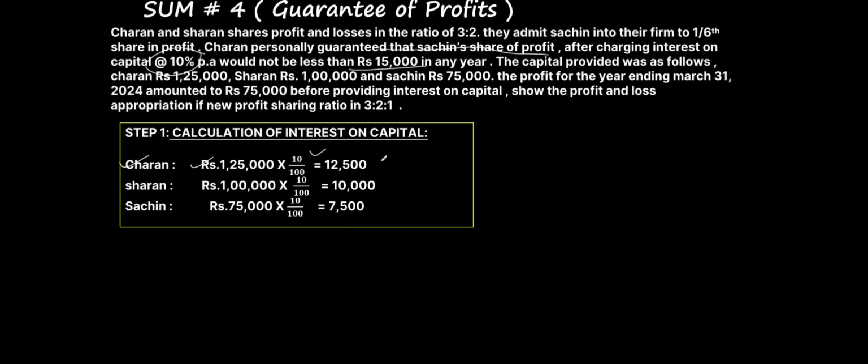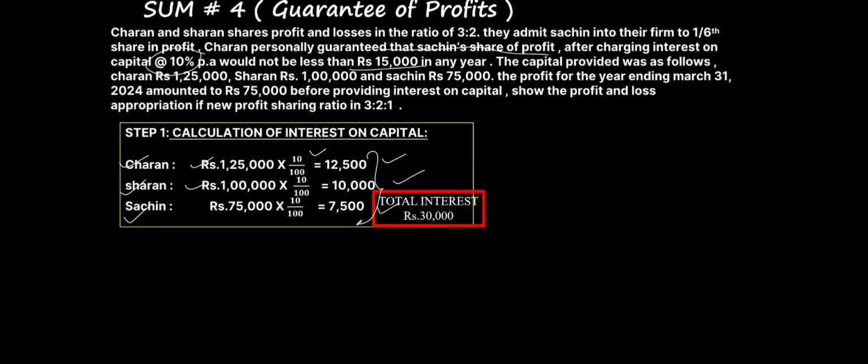And for Sharan, Sharan's capital is 1 lakh into 10 by 100 will be rupees 10,000 interest on capital. And for Sachin, rupees 75,000 is the capital into 10 by 100, which will be 7,500 interest on capital. So the total interest on capital is rupees 30,000.